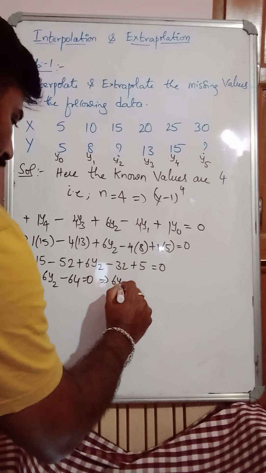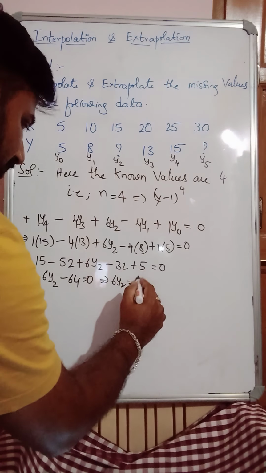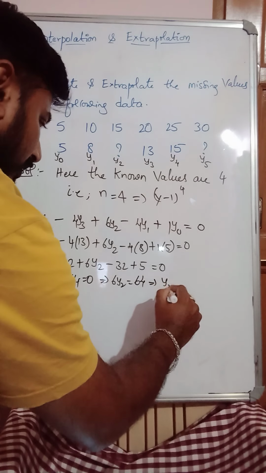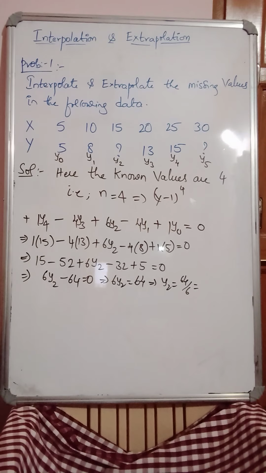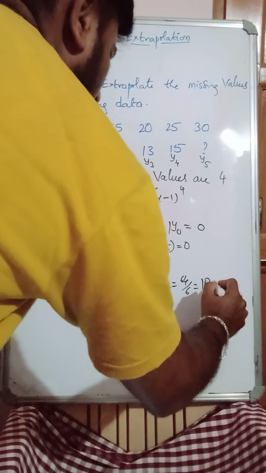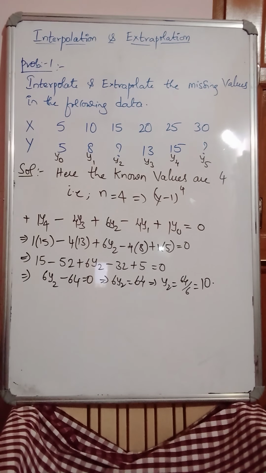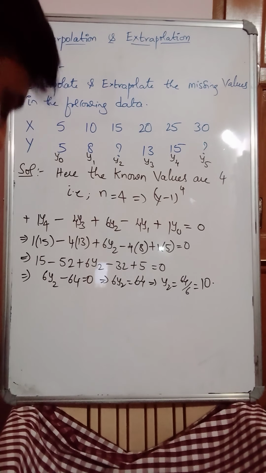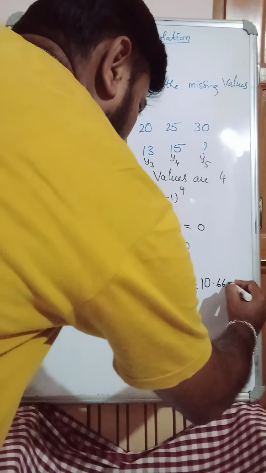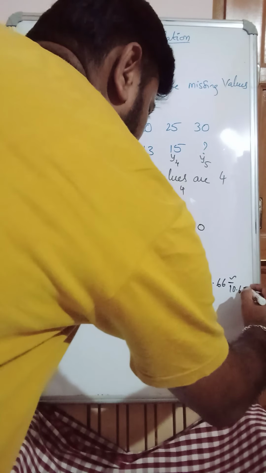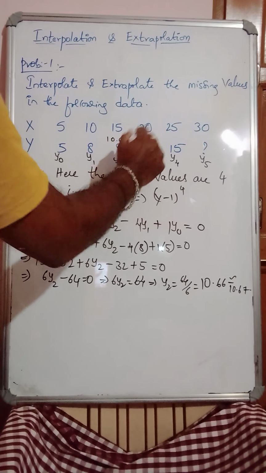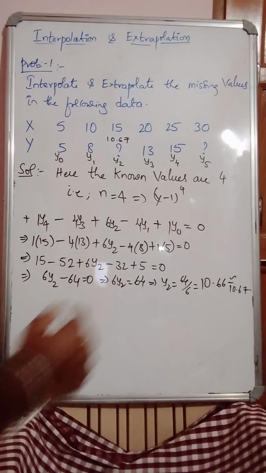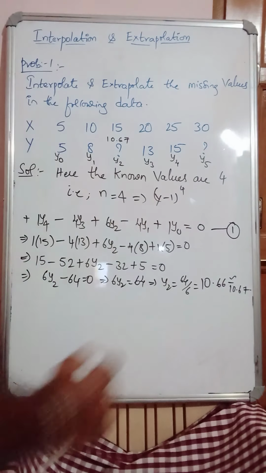Therefore, 6y2 equals, sending the 64 to the other side, 64. y2 equals 64 by 6. So, what's the value? 10.6666 you will be getting. So, approximately 10.67. So, the missing value here is 10.67. Now, let us consider this as equation number 1.